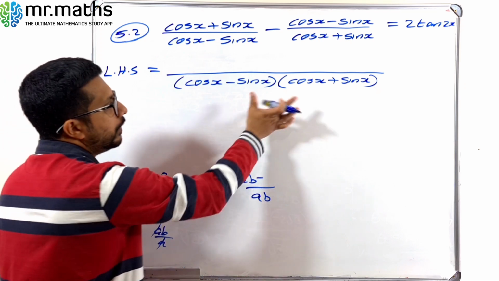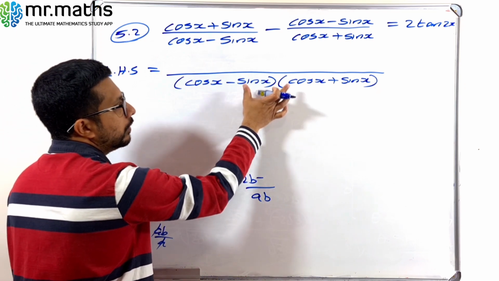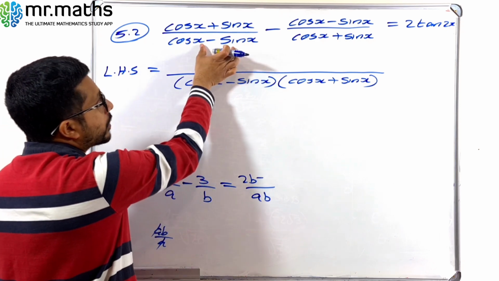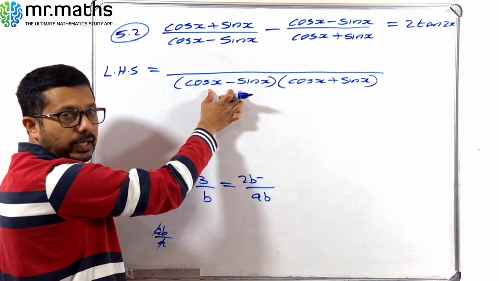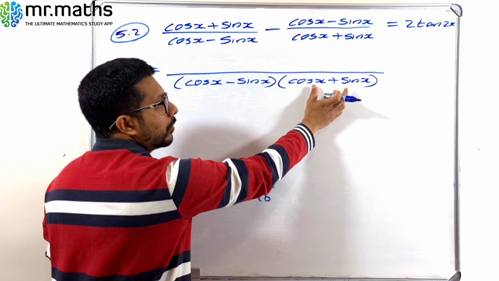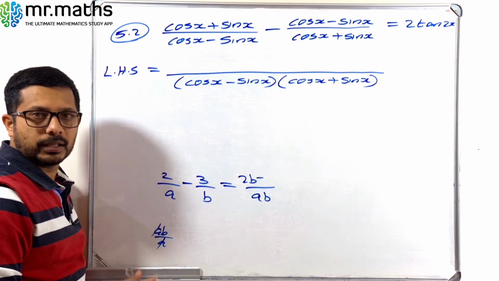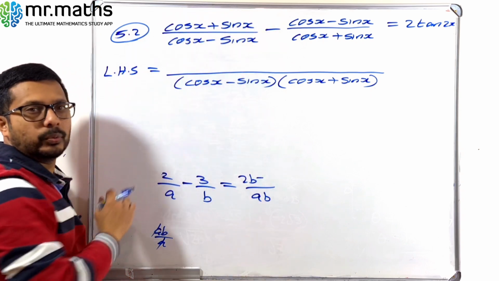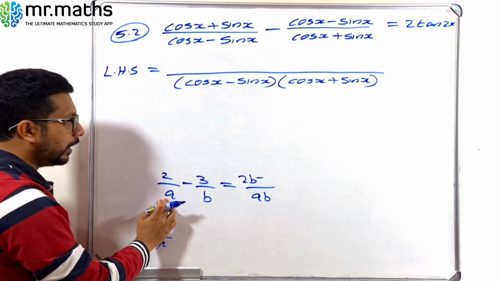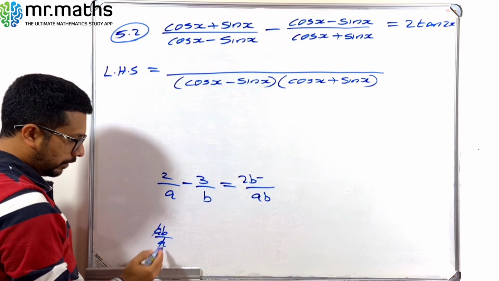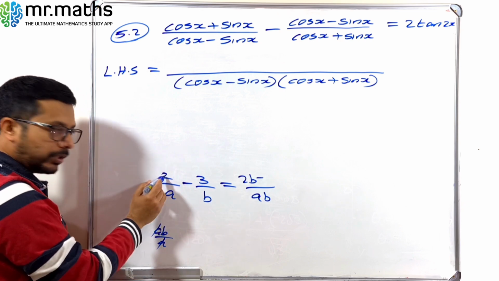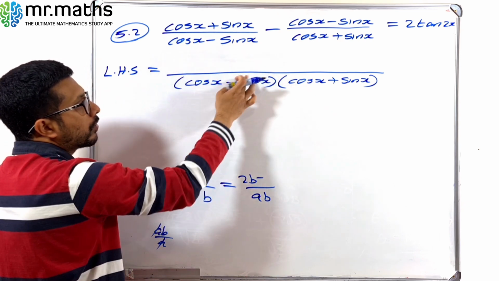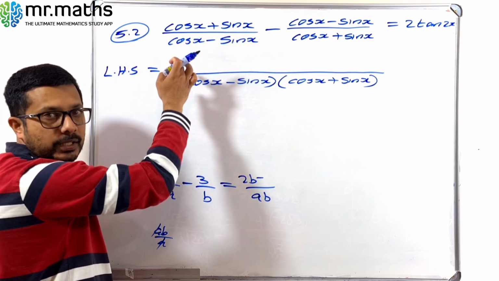Similarly, this is our ab, divided by this denominator. You can see that cos x minus sin x and cos x minus sin x cancel. So what is remaining? Cos x plus sin x. That answer times this numerator. ab divided by a, that is b, that b times this numerator. Similarly this one divided by this one, so cos x minus sin x and cos x minus sin x cancel.